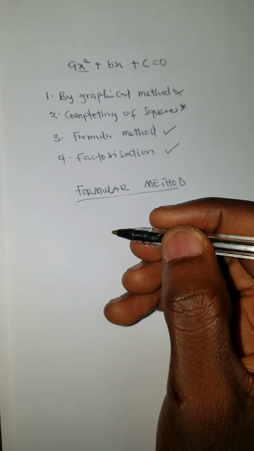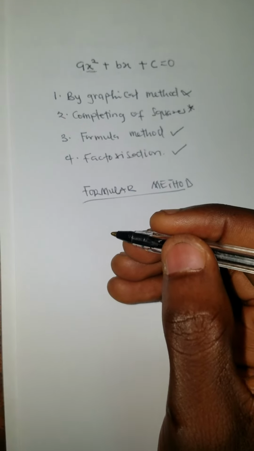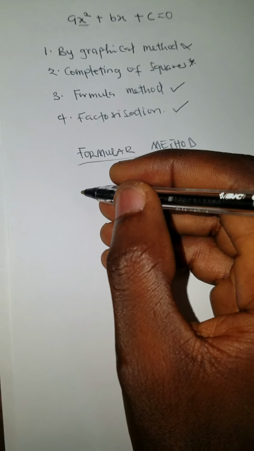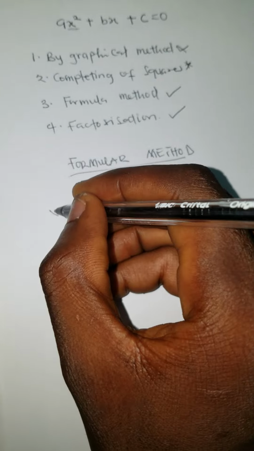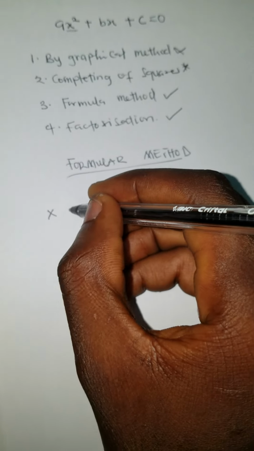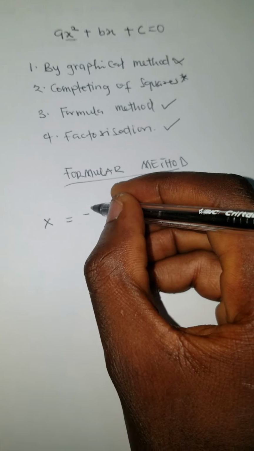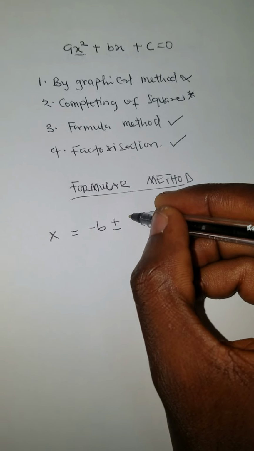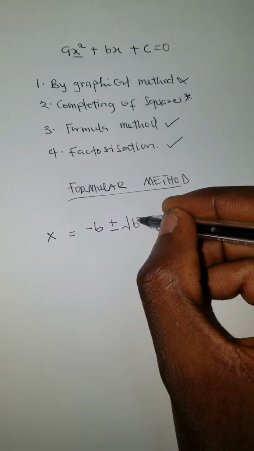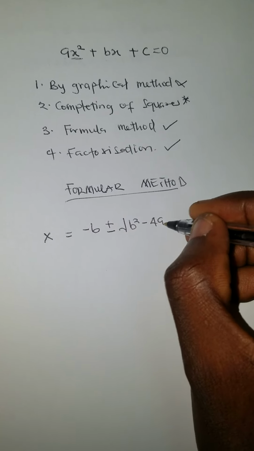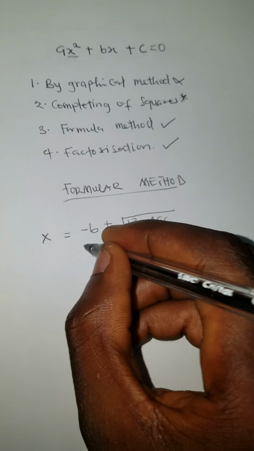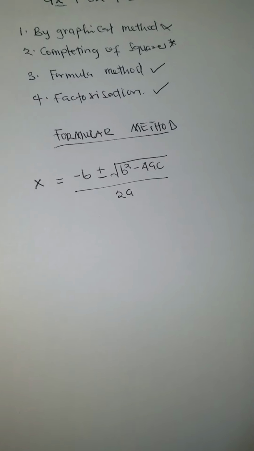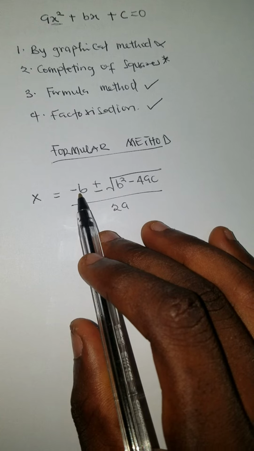I don't want to derive the formula, deriving a formula is a lot, so I'll quote it. The formula is x is equal to minus b plus or minus root of b squared minus 4ac, everything over 2a.